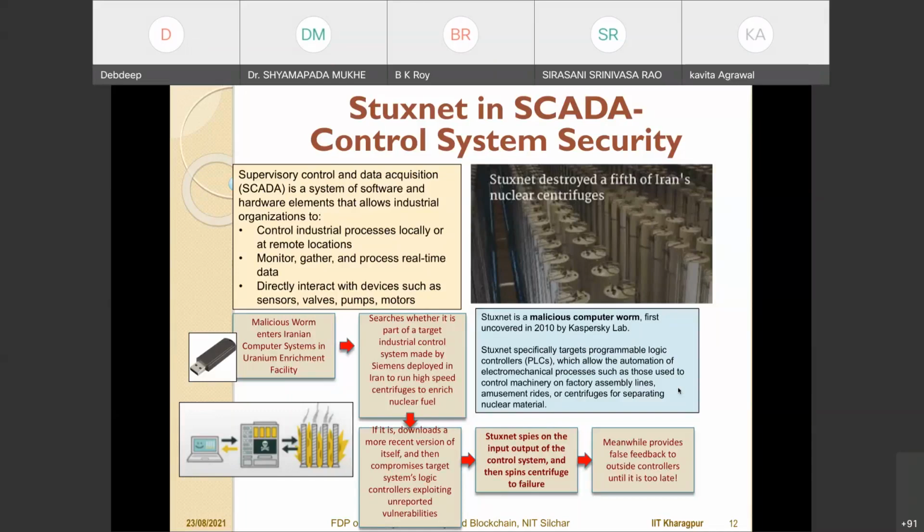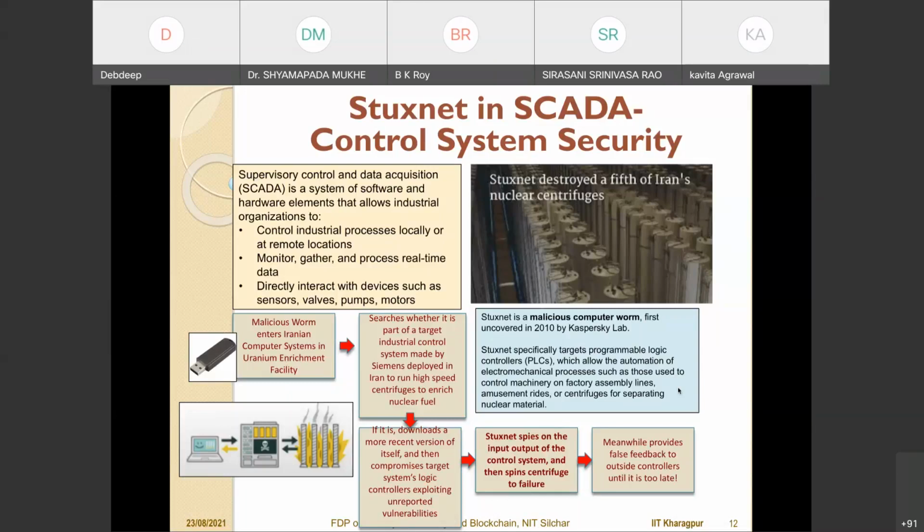The strategic operations were certain computing systems used to run high-speed centrifuges. Centrifuges are revolving actuators used to enrich nuclear fuel. And when it finds its target, it downloads a more recent version of itself to ensure that it is not detected by simple malware detectors, which often do static analysis.